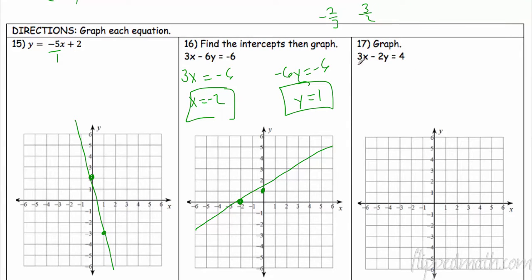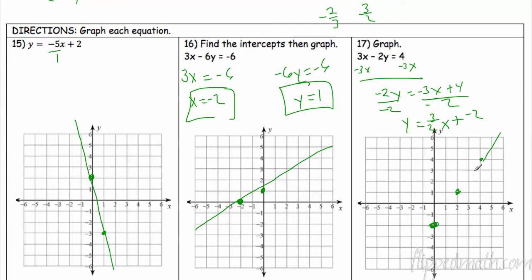Over here, let's take a look. I can graph it anyway. 3x isn't going to 4, though, so that's not going to be accurate, so I need to solve this for y. So I'm going to subtract 3x. So -2y equals -3x plus 4. I'm going to divide everything by -2. So I have y equals 3/2 x plus -2. So go down and start at -2. Up 3, over 2.